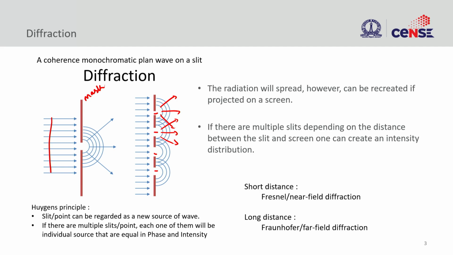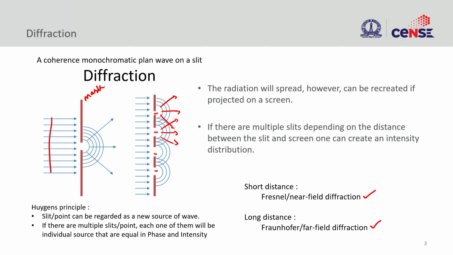At a short distance, the diffraction is Fresnel. At a longer distance, we call it the Fraunhofer diffraction limit. If you look at the image at a longer distance, you are going to see an interference pattern, and this pattern will have variation in intensity that reflects the type of slit opening we had at the mask level.